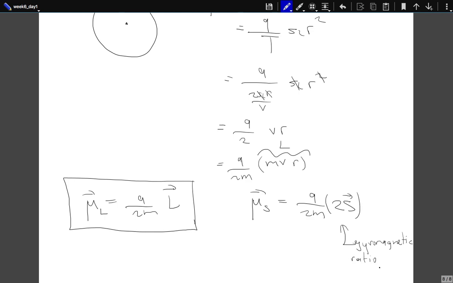If I'm not wrong, it was first observed experimentally, and then Dirac, when he wrote his equation, could predict that this should be 2. Of course, the Dirac equation is just the lowest order term, and in field theory you can calculate the corrections to this 2, usually denoted by A, G being the gyromagnetic ratio.